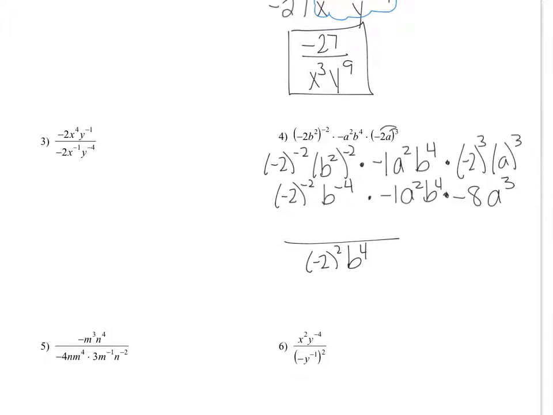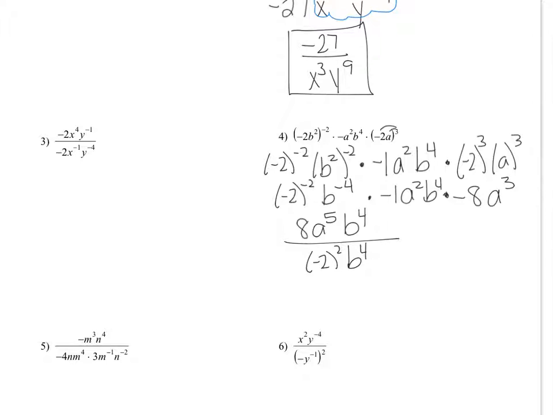I kept the base of b, I kept the base of negative 2. And now this I'm going to put up here, but I think I'm going to multiply it while I'm here. So negative 1 times negative 8 is positive 8. A to the second times a to the third, I add the powers there. So that's going to be a to the fifth, and then b to the fourth.